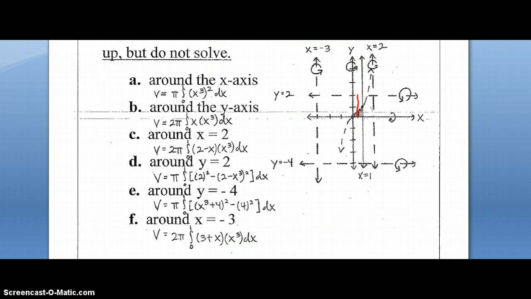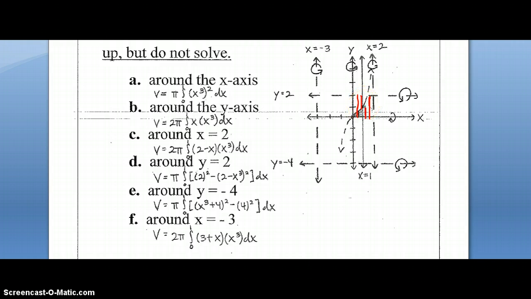My inner radius goes from the curve up to y equals 2. But I can't just call that my function x cubed, because my function x cubed would be from the function down to the x-axis. So if 2 to the x-axis is always 2, and my function to the x-axis is x cubed, then my inner radius is 2 minus x cubed.